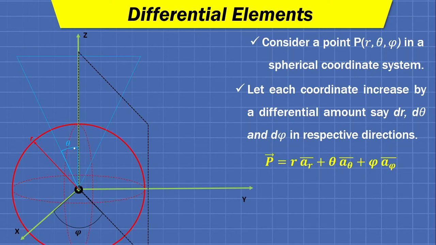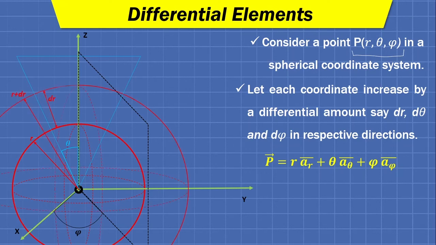Otherwise this theta will be the same as this theta, because it is a half angle. And a plane which is making angle phi with the x-axis. So the intersection of these 3 surfaces will be P(r, theta, phi), as we have already discussed.